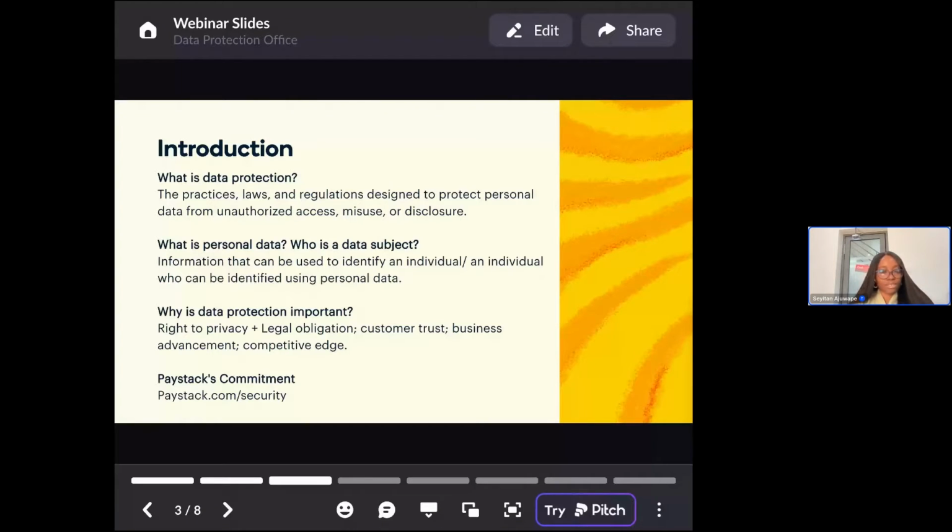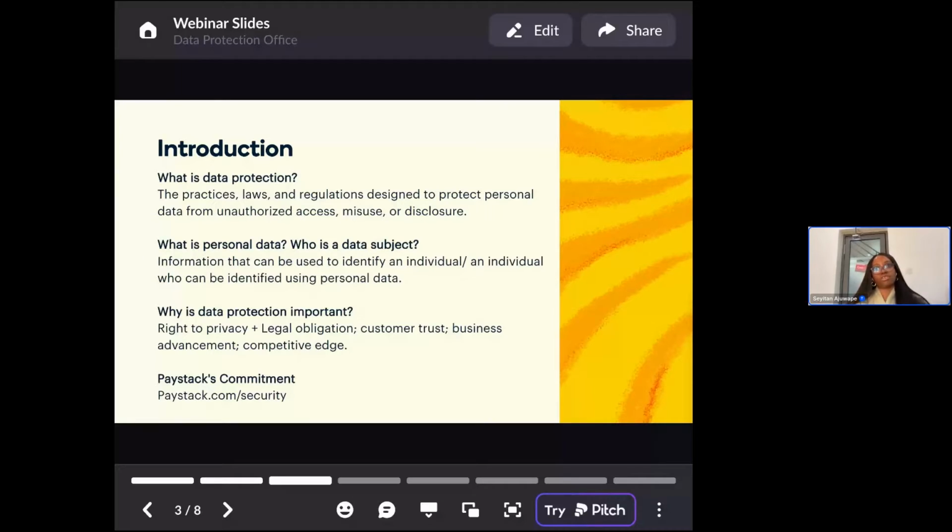Practices can include having a privacy policy on your website. It can include signing a data protection agreement with your partners. It can include having an internal audit to see where your privacy program is at. And then for laws and regulations, that's pretty straightforward.